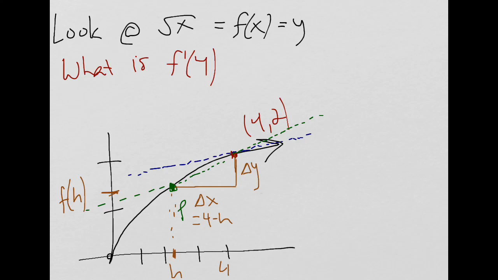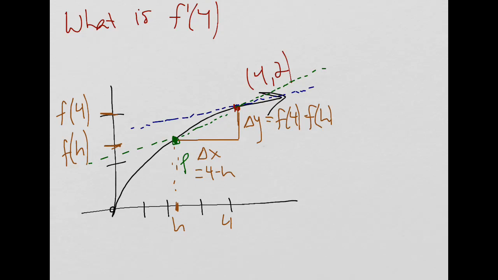Over here, I've got f of 4, which I know is 2. That's this height right here. Hopefully all four of those make sense. The delta y is going to be f of 4 minus f of h.